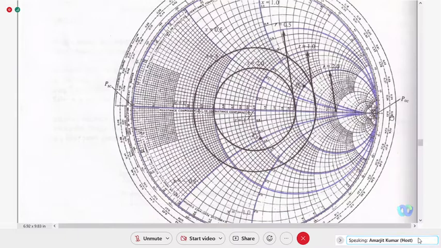And for the open circuit point, what will be ZL? Infinity plus J into infinity. So what will be the reflection coefficient? ZL minus Z0 divided by ZL plus Z0. That will be 1. It is here, open circuit point, POC.